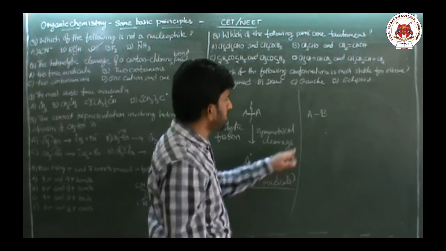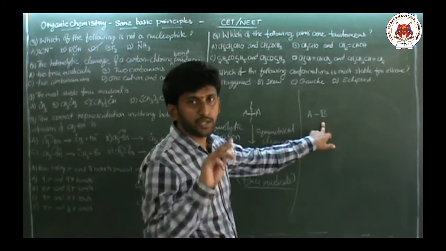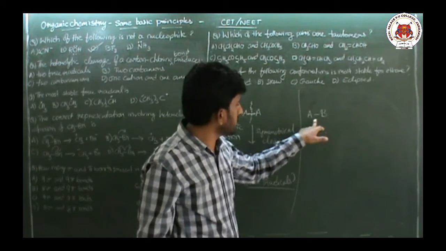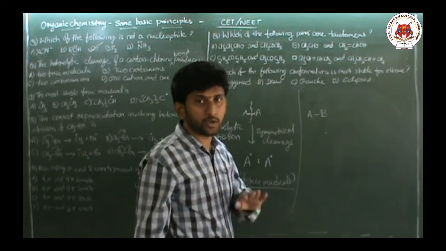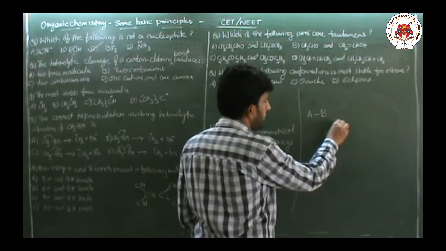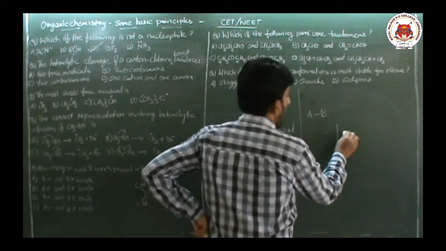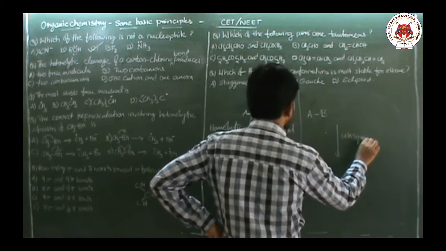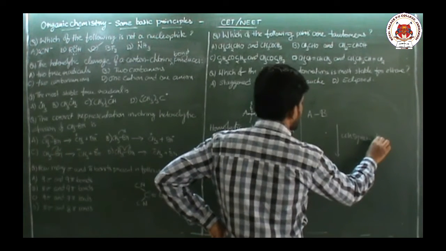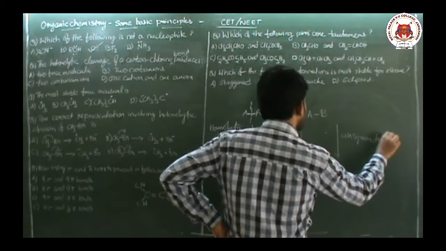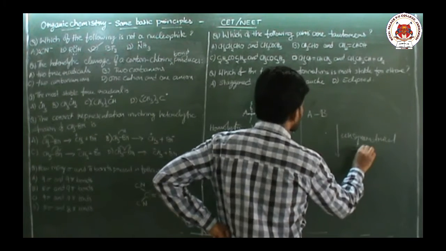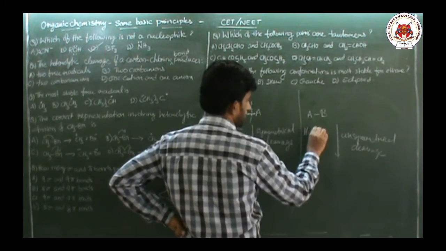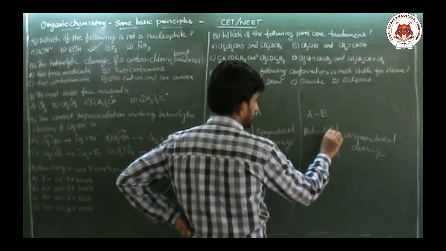But if any bond is between two dissimilar atoms, or the electronegativity difference between the atoms is not the same, if unsymmetrical cleavage of the bond takes place, okay, unsymmetrical cleavage, it is also called heterolytic fission.